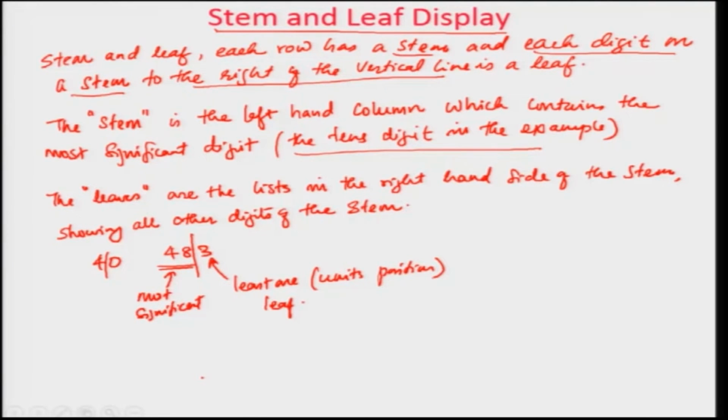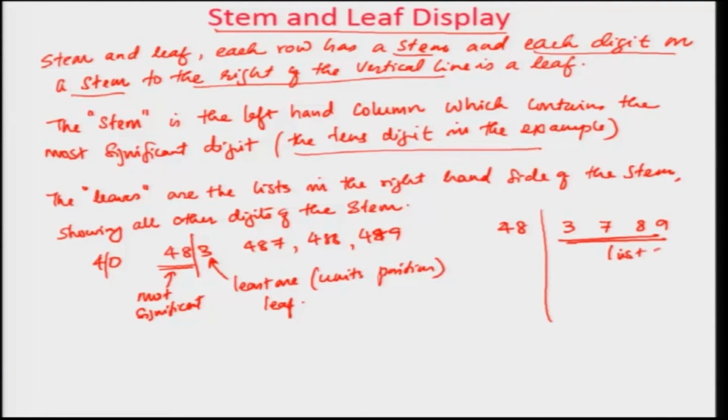So, whenever you create a stem, if you have data values 483, 487, 488, 489, then your stem will be 48 and you have a 3, 7, 8 and 9. So, this is the list of digits for this particular stem. Okay. So, for any stem, the values opposite in the columns will always be the list of the digits.